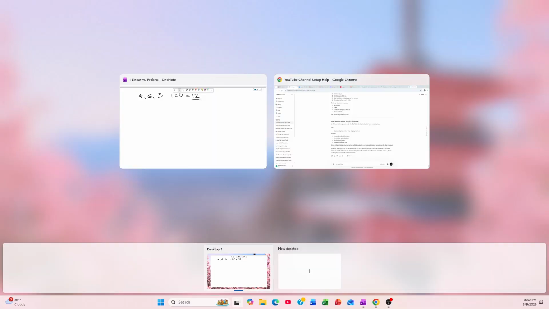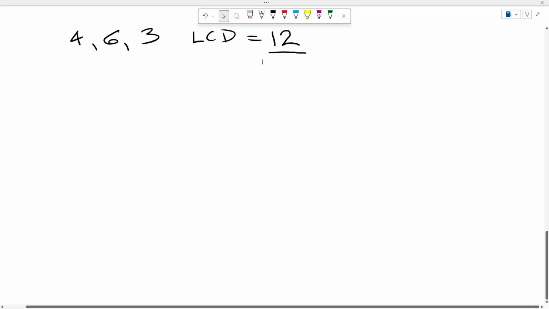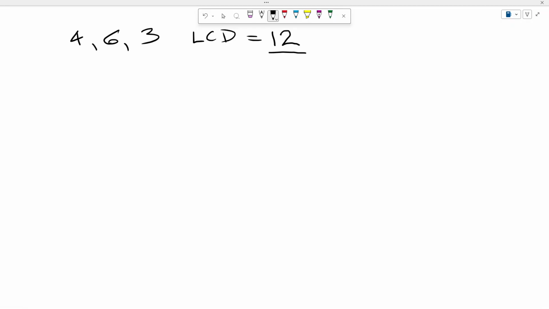Now knowing that, let us actually solve this. We had x plus 1 over 4 equals, okay, and our LCD is 12.